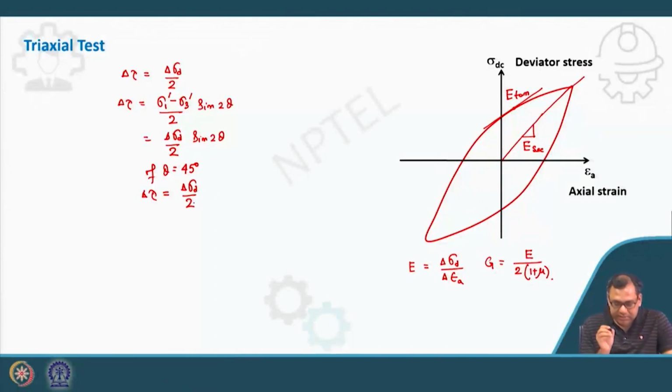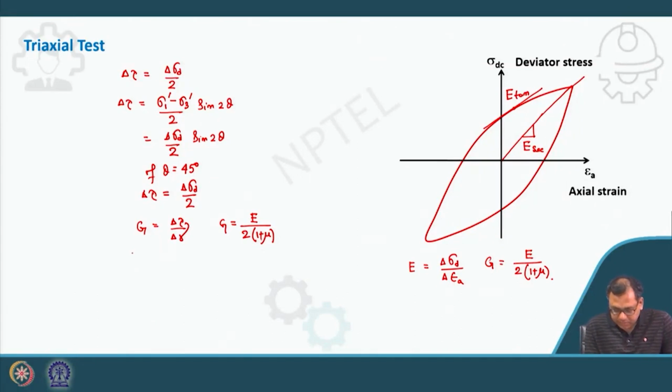So now if shear stress equals deviator stress divided by 2, and you know that shear modulus G is equal to shear stress by shear strain, and G is also equal to E divided by 2 times 1 plus mu.